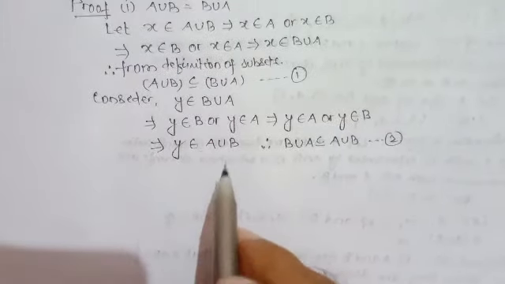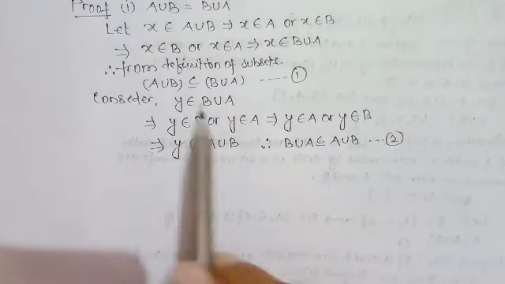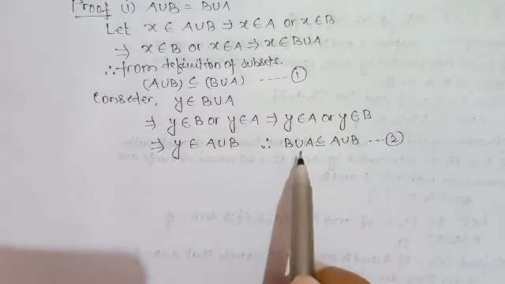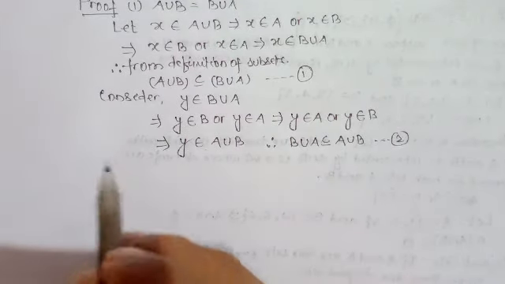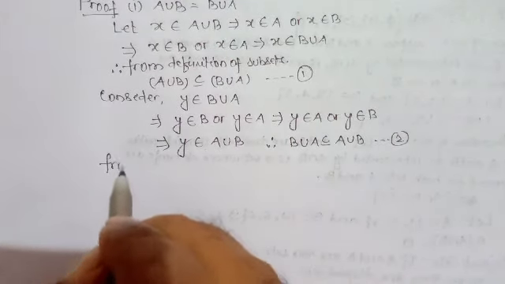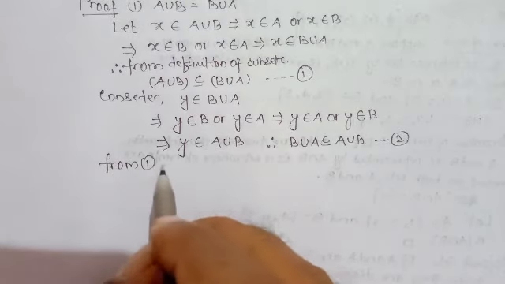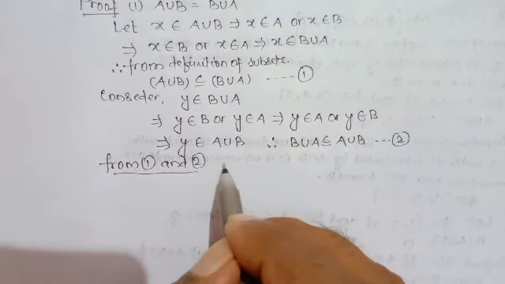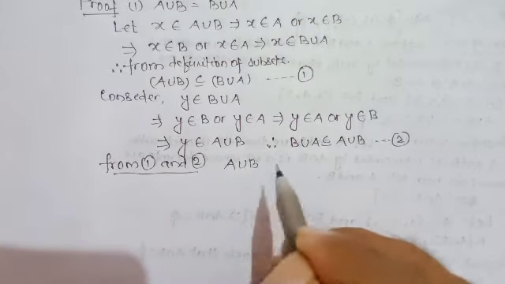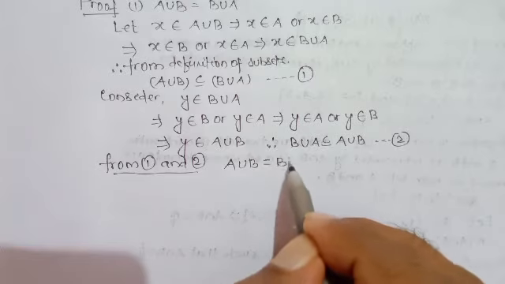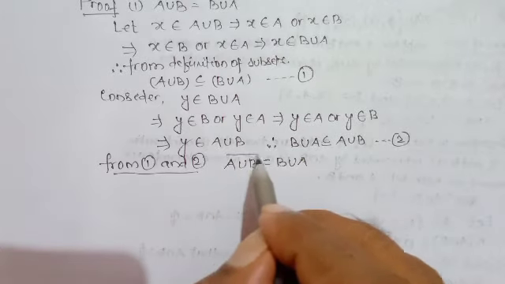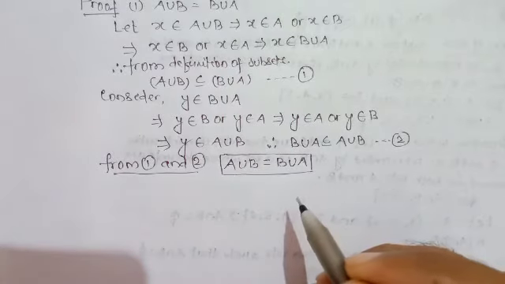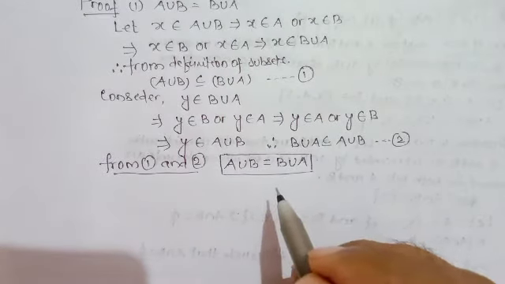From 1 and 2, A union B is a subset of B union A and B union A is a subset of A union B. So from relations 1 and 2, we can say that A union B is equal to B union A. It means union of two sets is commutative.